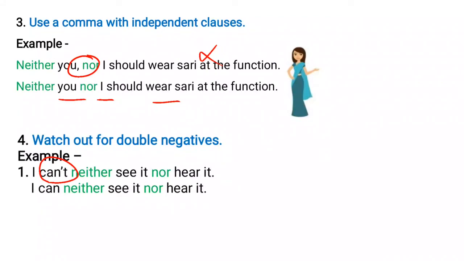So the correct version of this sentence, I can't neither see it nor hear it. So this is wrong. The correct way of saying would be, I can neither see it nor hear it. Don't use double negatives. Watch out for double negatives while using correlative conjunctions.